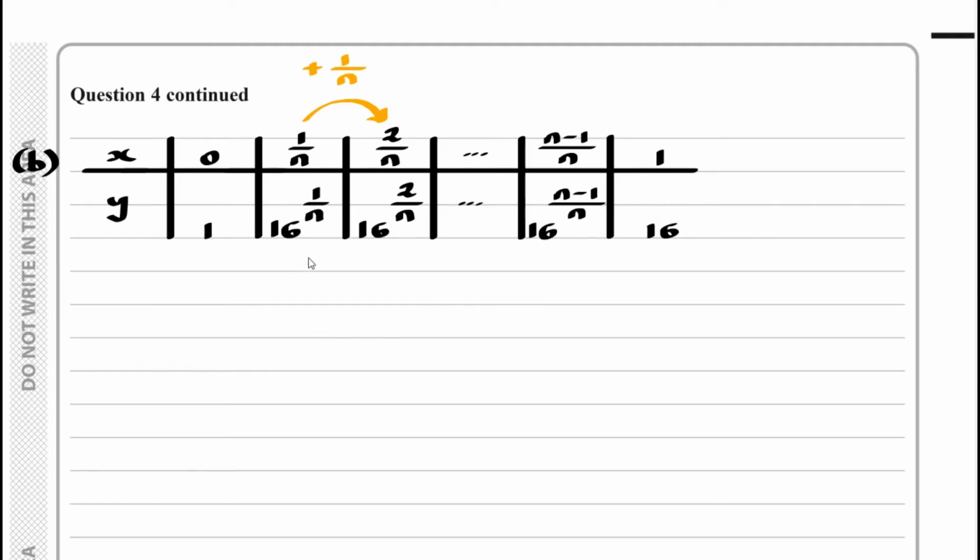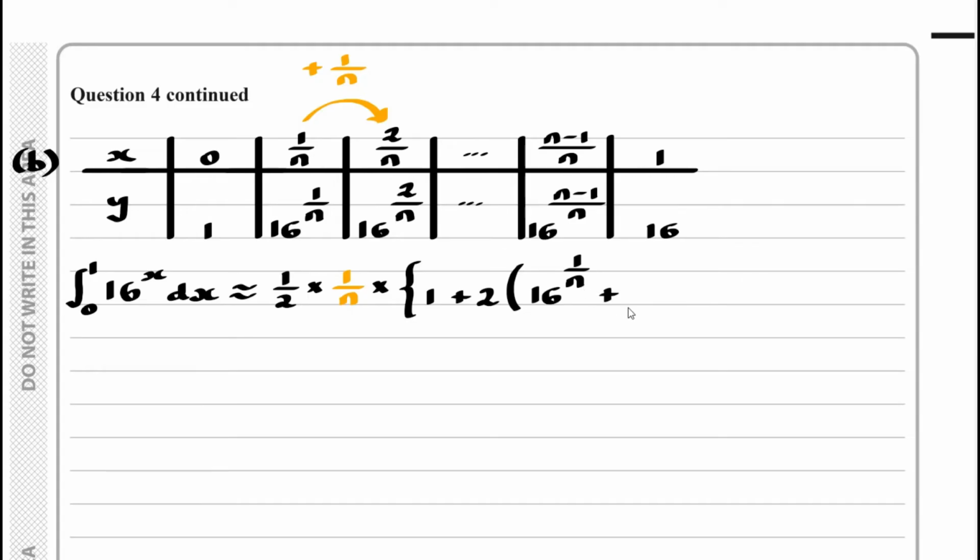So now what we can do is use the trapezium rule. So we have the integral of 16 to the x with respect to x from 0 to 1 being approximately equal to 1/2 multiplied by 1 over n multiplied by our first term 1, plus twice the middle terms, so 16 to the 1 over n plus 16 to the 2 over n plus terms up until 16 to the n minus 1 over n, and then we add on the 16.